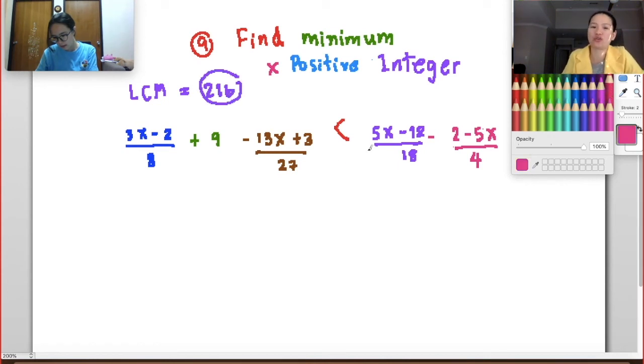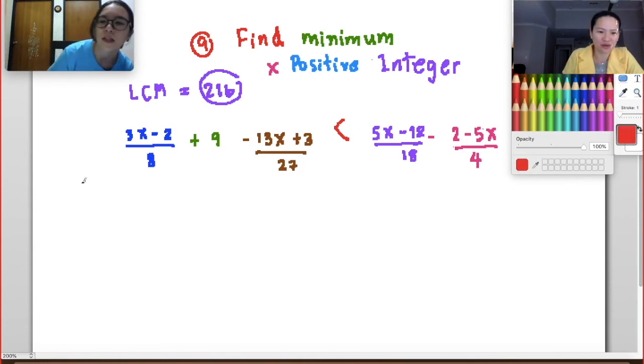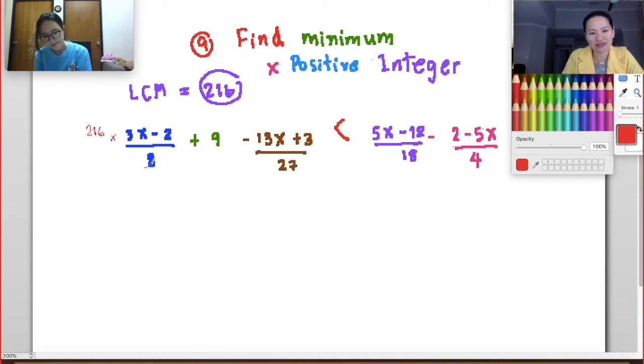What you're going to do is multiply 216 into every term, like this. I might use the small one. You multiply 216 here, so x divided by 216, you get 27. Is that correct, Jasmine? Yes.